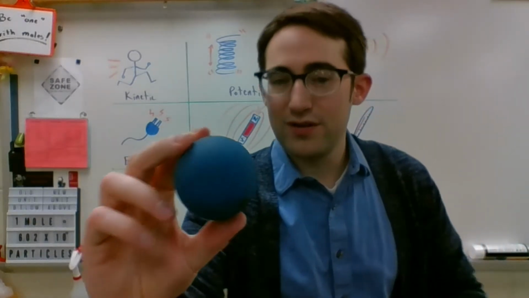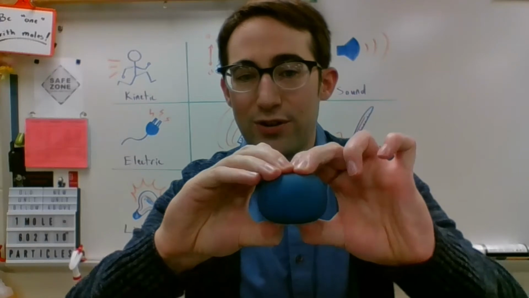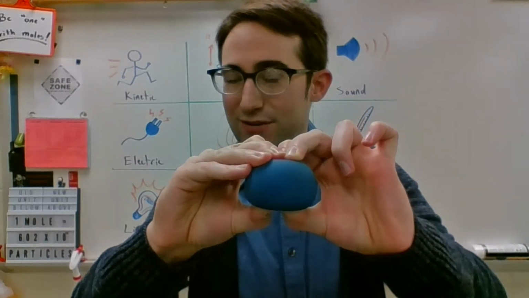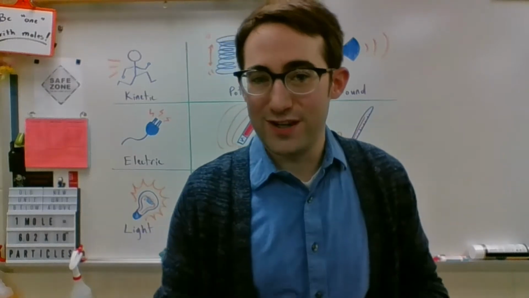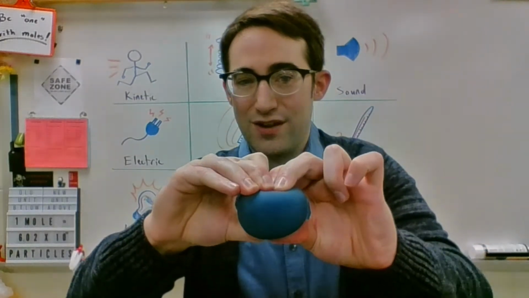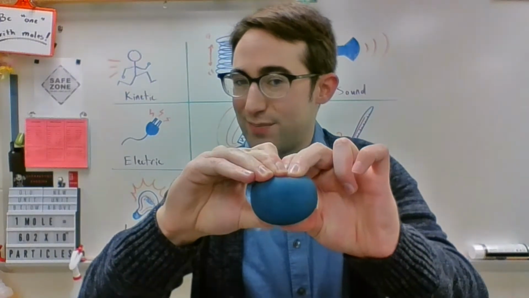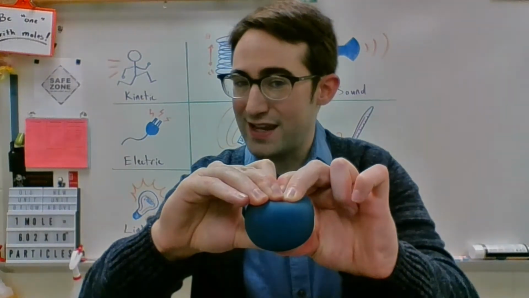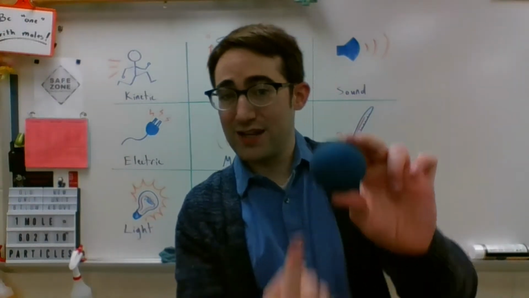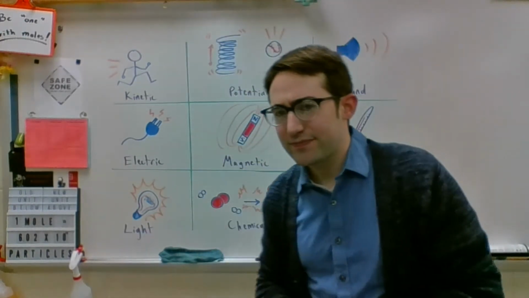This racquetball, when it hits the ground, actually squishes a little bit, like that. You'd have to slow it down real far to be able to tell, and you can find all kinds of cool YouTube videos that will do that for you. But it squishes a little bit when it hits the ground. That stores up some elastic potential energy that can convert back into kinetic energy as the shape goes back, and it bounces back upwards.